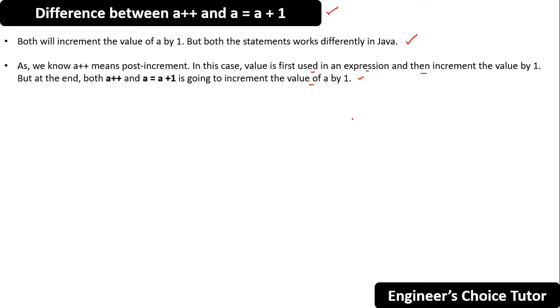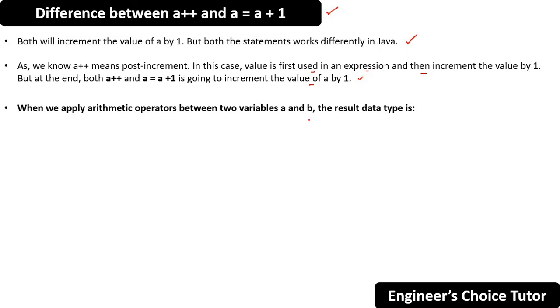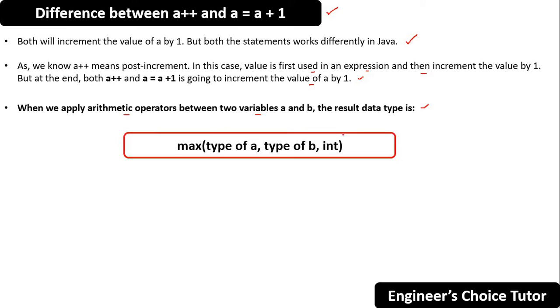So before moving ahead with the story of a = a+1, let me remind you one small concept. When we apply arithmetic operators between two variables a and b, then the result data type is max of type of a, type of b, int.